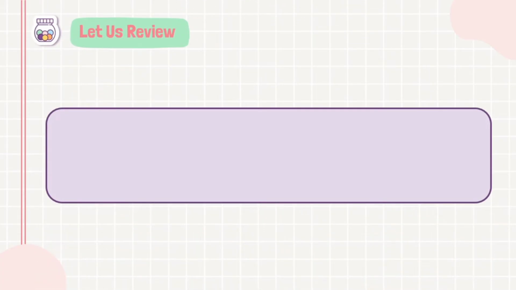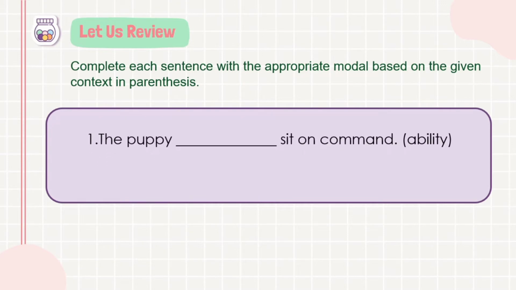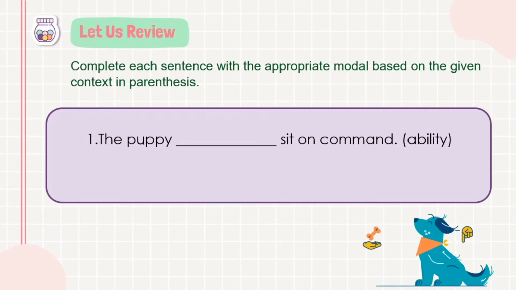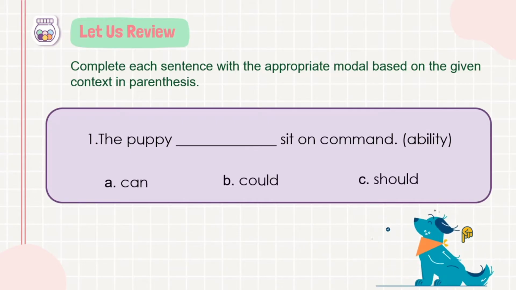Turn your learning activity sheet to page 2. Complete each sentence with the appropriate modal based on the given context in parentheses. Number 1. The puppy blank sit on command. A, can; B, could; C, should.